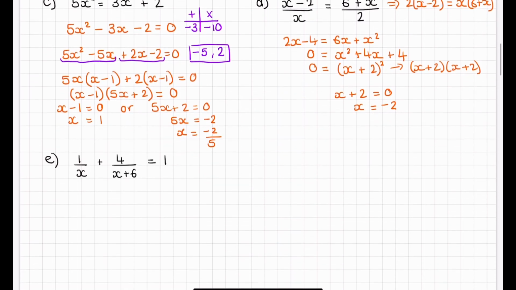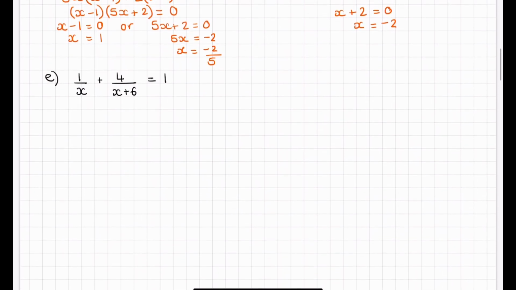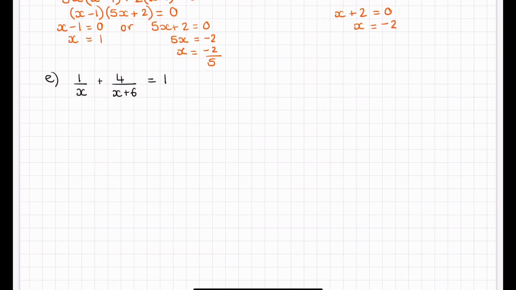All right, last one. E, so we've got 1 on x plus 4 on x plus 6 equals 1. Once again, we're going to get rid of our fractions. Easiest way to do this is to put everything over a common denominator, which in this case will be x times x plus 6. And then we've got to make it like that for everything.